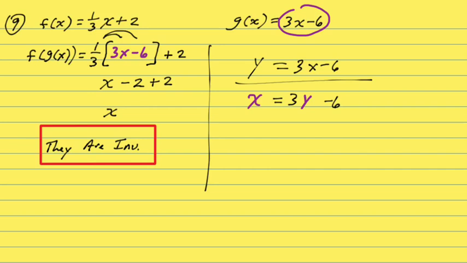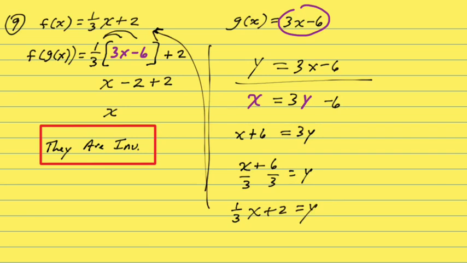You would add the 6, so you'd have x plus 6, and then you'd have to divide by 3, x plus 6 divided by 3, and I think that matches your other equation. So again, they are inverses.